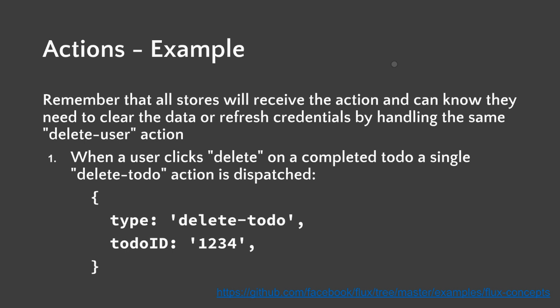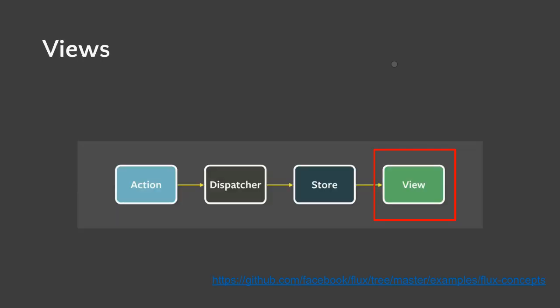Views are the last core concept in a Flux architecture. Controller views are also very common in most GUI patterns, MVC, model view view model, etc. Data from stores is displayed in views, so the view's responsibility is to display the information from the store to users.